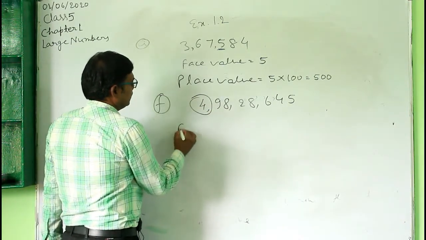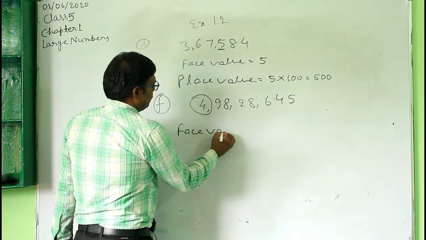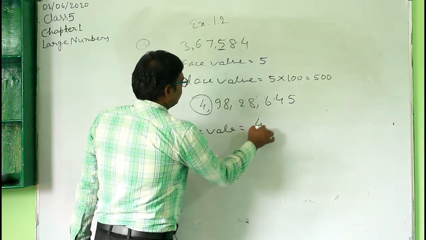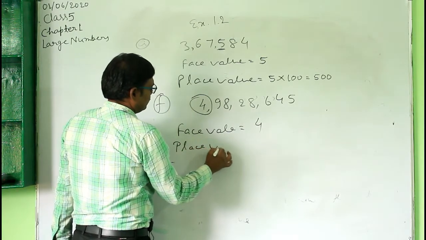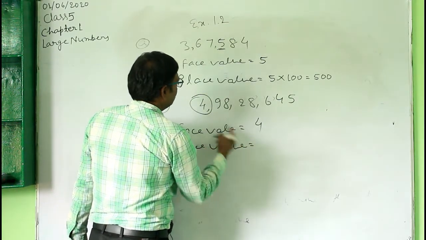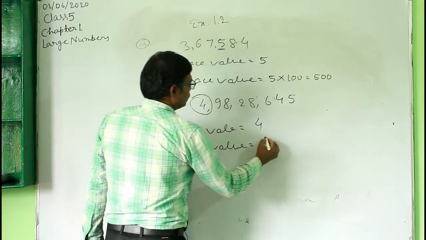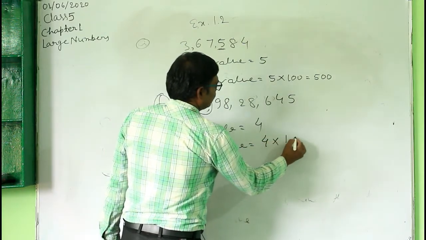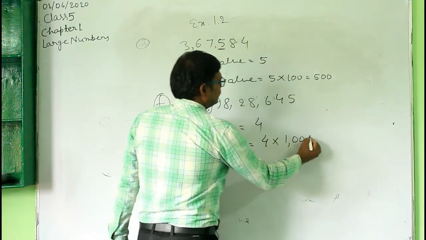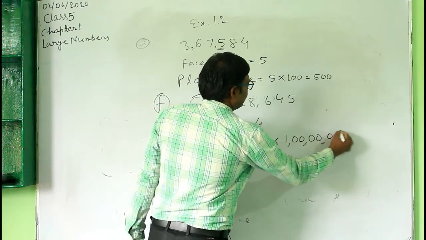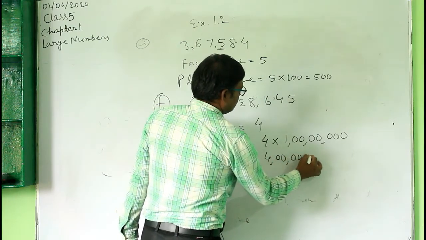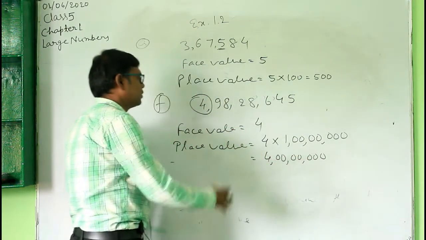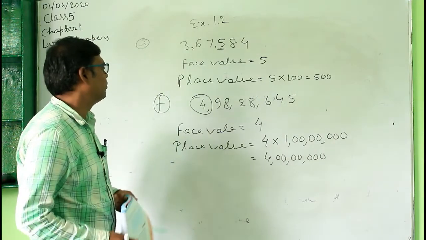So here again the face value is equal to 4 simply, and the place value is equal to, this is at the crores place, so it will be 4 into 1 crore, so it will be 4 crores. This is the place value of 4 in this number.